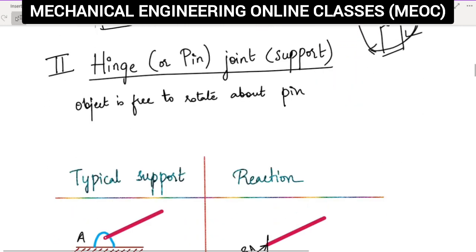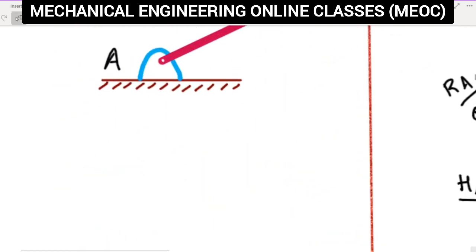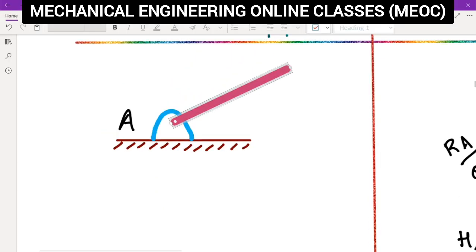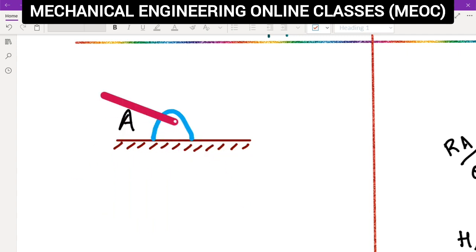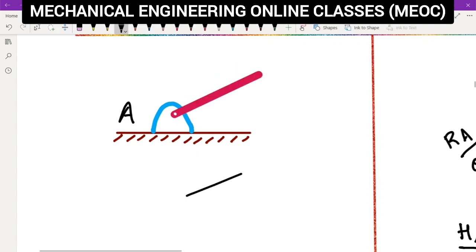You can see different types of representation. Here the pink object is pinned at the white point. Pin joint means the object is free to rotate about the pin in any direction. In this particular case the object is like this, the pin is here, so there will be some normal reaction from the pin, because the object is not free to translate.